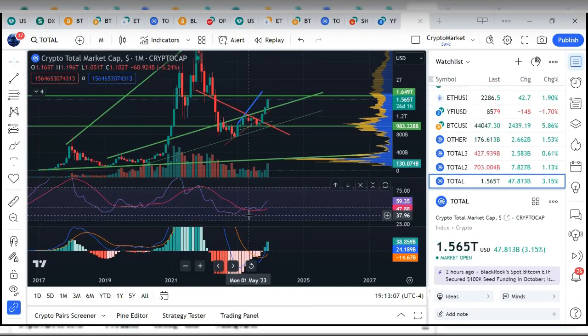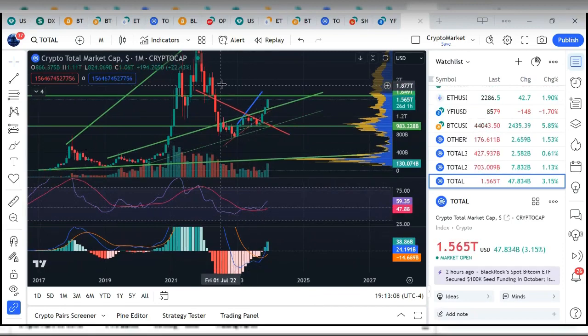The reason I start with the total chart is that once you know how this chart moves, you will be able to make proper entries in your trades on any coin, whether it's Bitcoin, Shiba, Doge, Litecoin, anything, because this is what moves the whole market, wherever this chart goes.